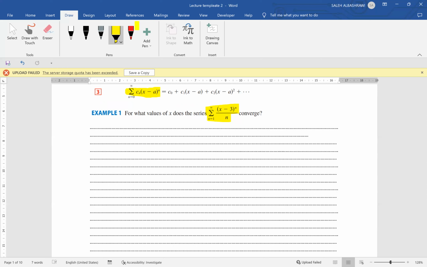Now, to check the convergence of this series, and from that find the values of x for which the series is convergent, we apply the ratio test. So by applying the ratio test, we take a sub n plus 1 divided by a sub n, which is equal to... When you consider x minus 3 to power n divided by n, this is a sub n, and to find a sub n plus 1, replace n by n plus 1.